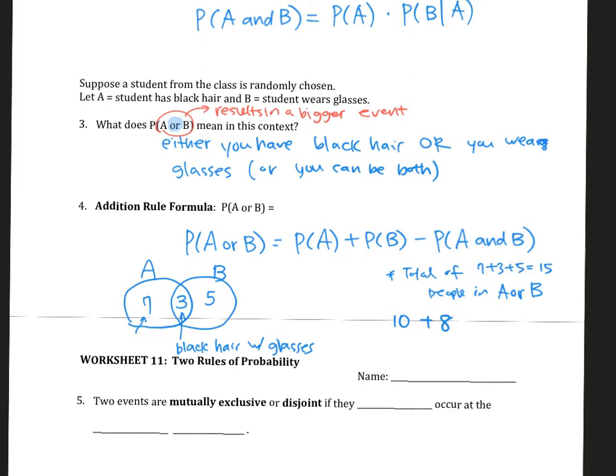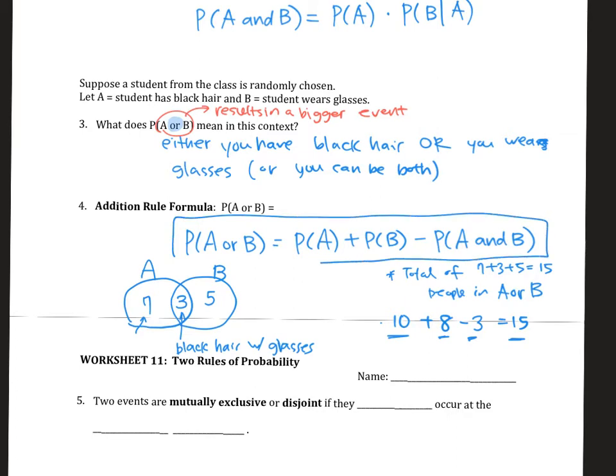Because that 3 in the middle, those people get counted twice. So I have to subtract that, to make sure there's no double count. So I'm following the formula here: 10 plus 8 minus 3, so I get 15. I could have just counted without looking at the formula. That could have worked also. But it gives you an alternate way to calculate probability.